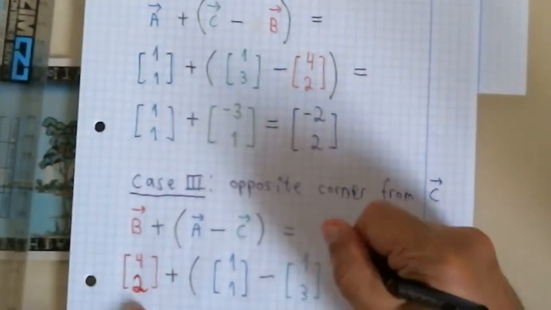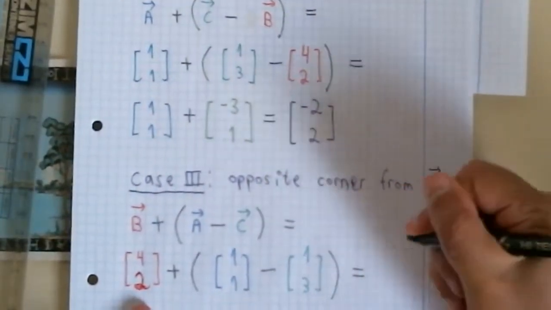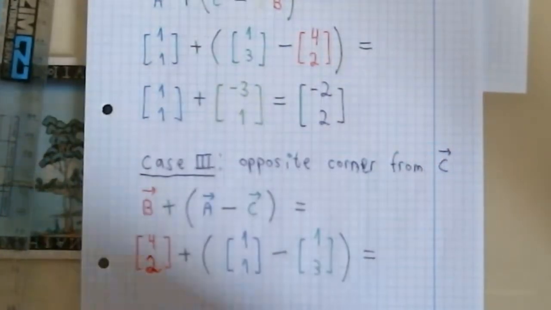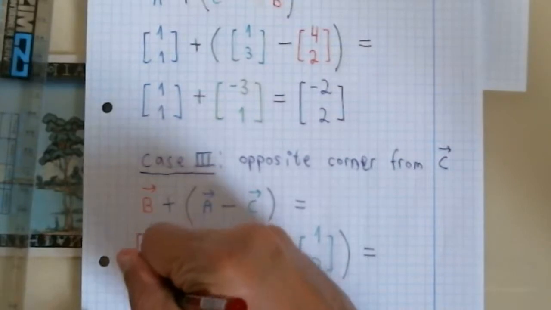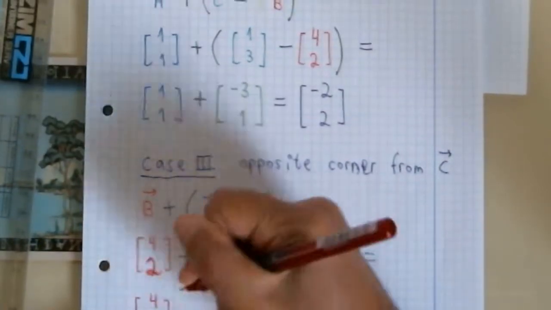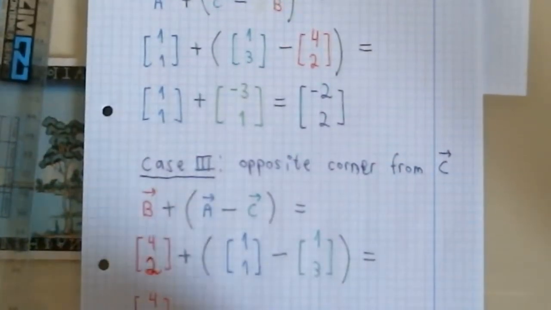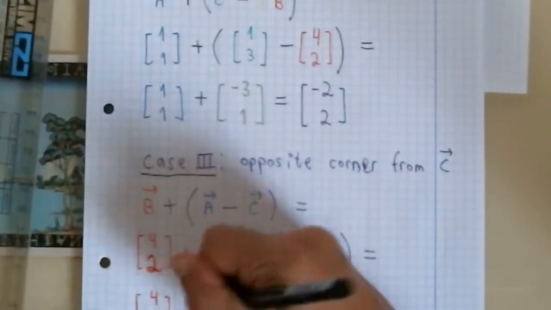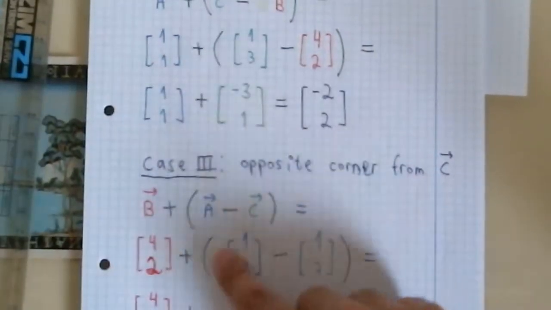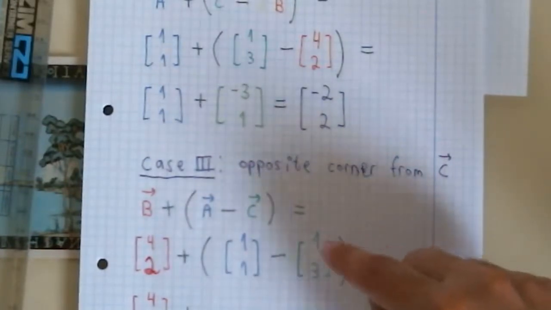Okay, so we close the parentheses and we write in this line 4, 2. Because first we need to make the parentheses, plus the order of operations says we need to do this first.